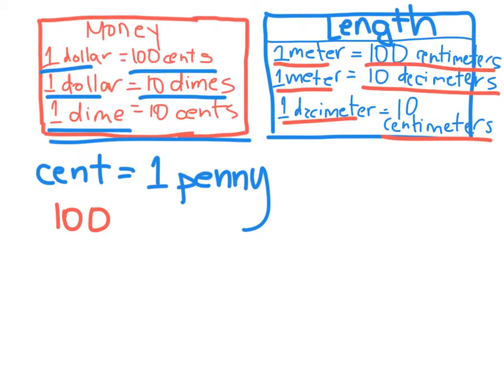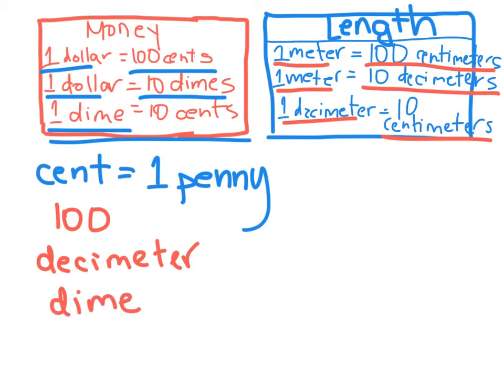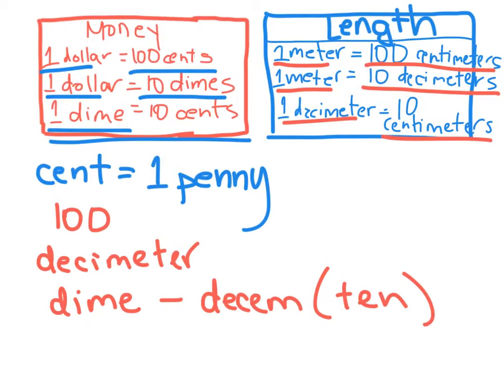The words decimeter and dime are from the root word D-E-C-E-M, and that means 10. I want you to write that down in your math journal too.